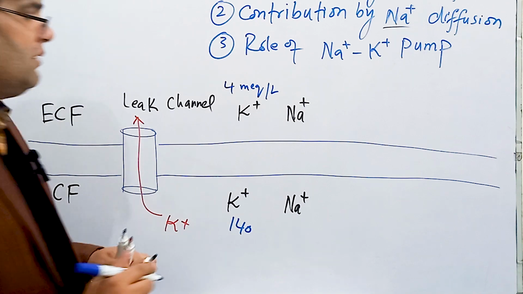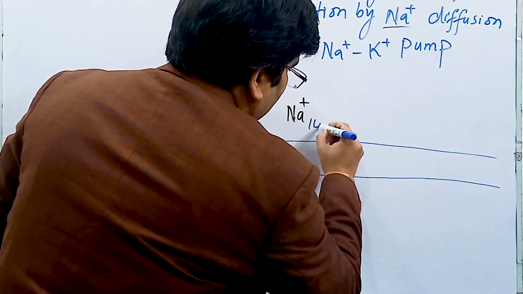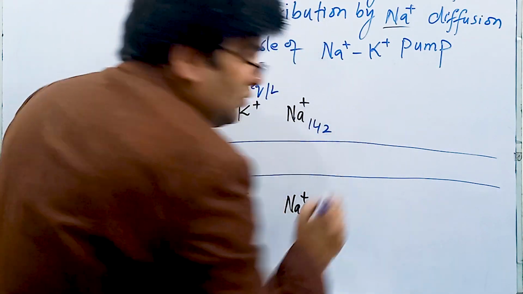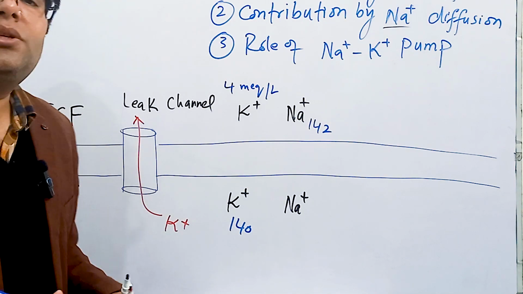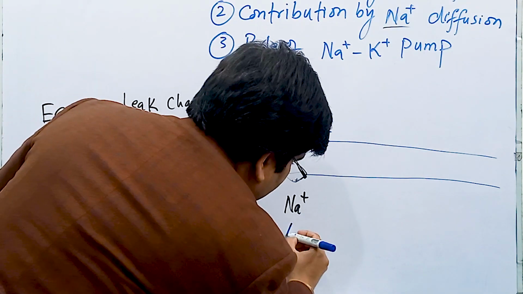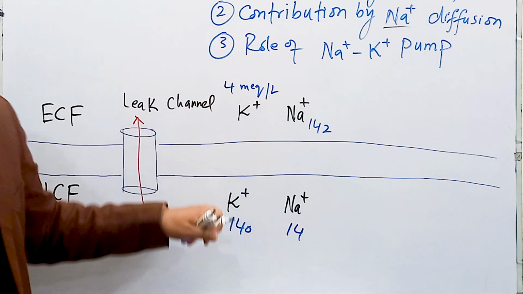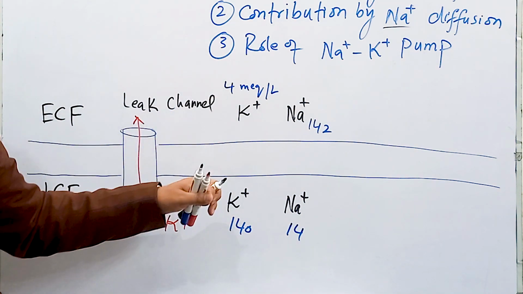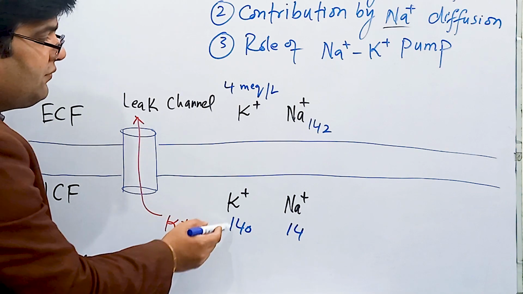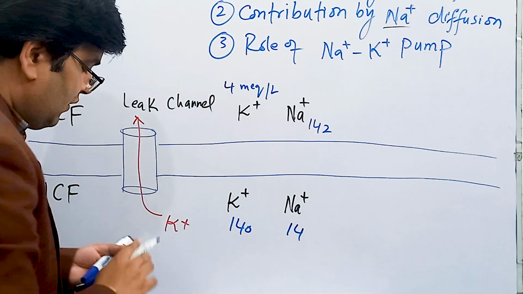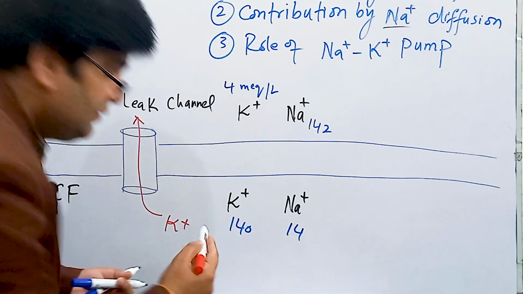The concentration of sodium outside of the cell is 140 or about 142 milliequivalents per liter, and the concentration of sodium inside is only 10 to 14 milliequivalents per liter. Now if you see the ratios of these ions outside and inside of the cell, 140 to 4 is a ratio of 35.